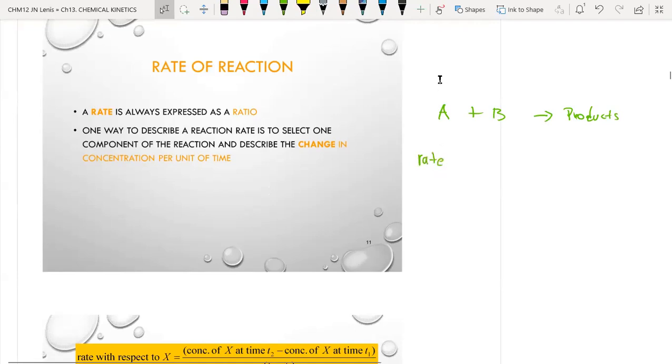For example, if you choose to measure it based on the concentration of A, you say the rate will be the change, delta stands for the change, of concentration of A over the change of time.